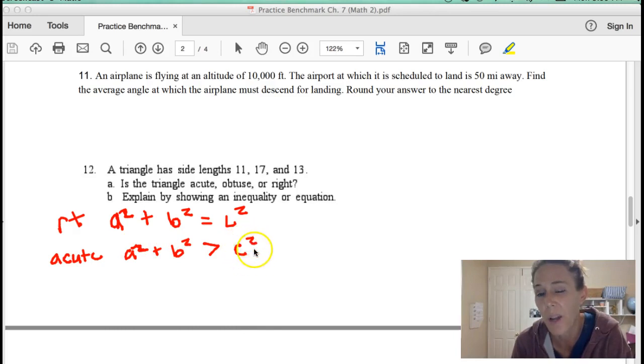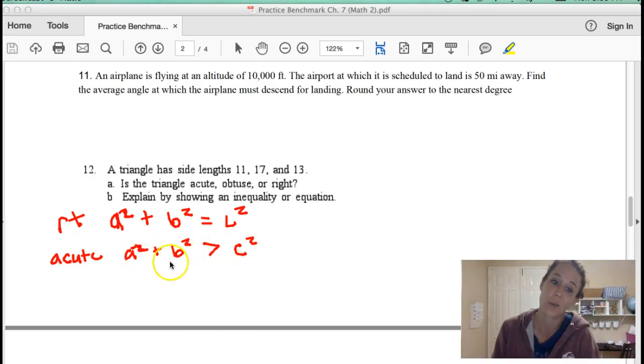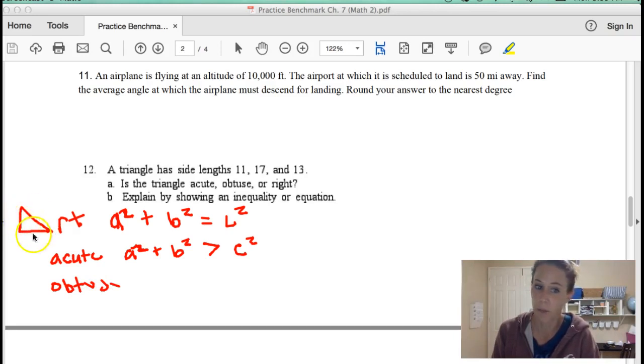So if it's acute, it's not a hypotenuse, but that longest length is going to be less than a squared plus b squared. And if it's obtuse, so you have your right triangle, where this is going to equal these two. That would be my right. You would have your acute triangle, where this is going to be less than those two together.